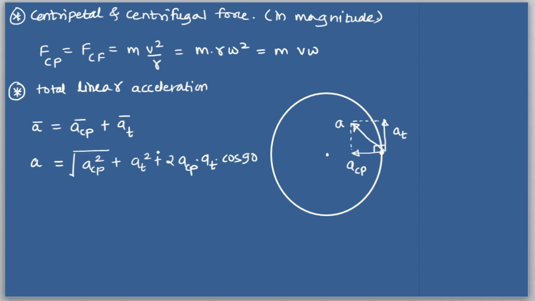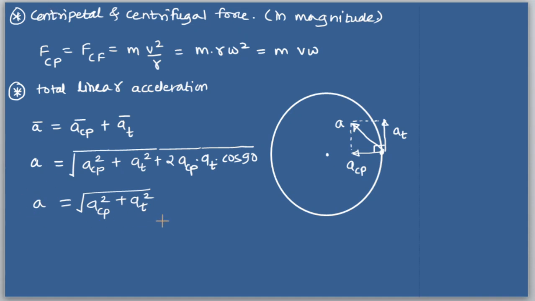So as I said, as the angle between them is 90, you could have directly used the Pythagoras theorem, ACP square plus AT square, because cos 90 is 0, and 0 into anything is 0, so this entire term is going to be 0. Okay, and as per the need you can replace the values of centripetal acceleration and the tangential acceleration. Those formulae we have already seen.